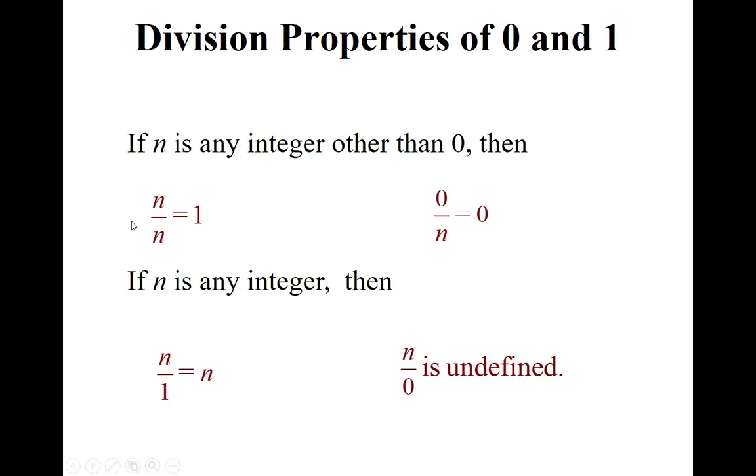We've seen that already in this topic. We've also seen that 0 over any number is 0. We also have that any number over 1 is itself, and any number over 0 is undefined.